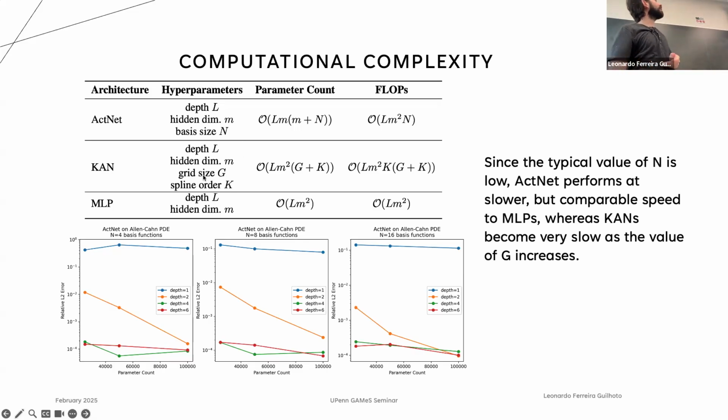As you can see over here, MLP is definitely the one with the least parameter count. ActNet has something very similar because it's L times M times M plus N. Okay, and I'll talk about what is a wise choice for N. Whereas KANs over here have L times M squared times G plus K. The K over here is pretty small, usually constant equal to 3, but this G, depending on the problem, can grow, and they do use much finer grids, up to 100, 200, a few hundred sometimes.